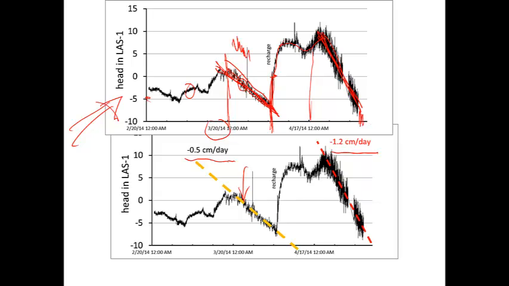And so this is fairly typical, this rate, a few millimeters, 5 millimeters a day.